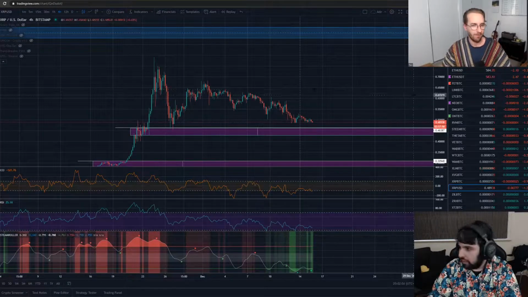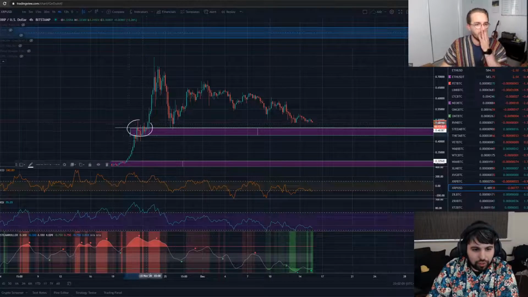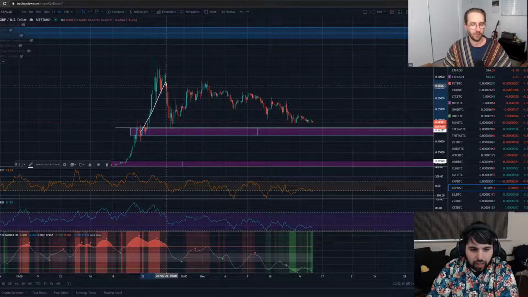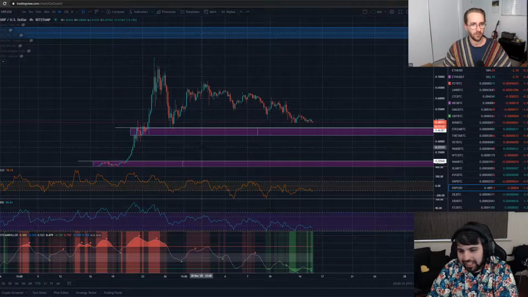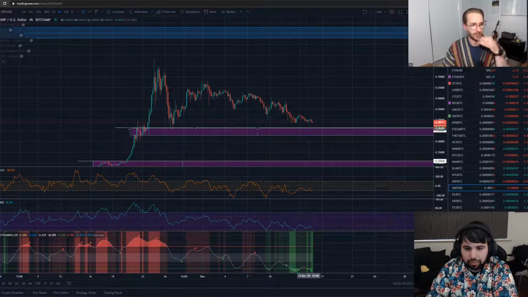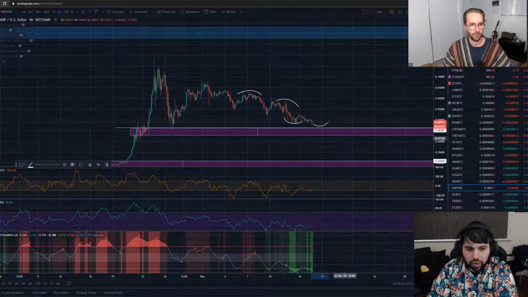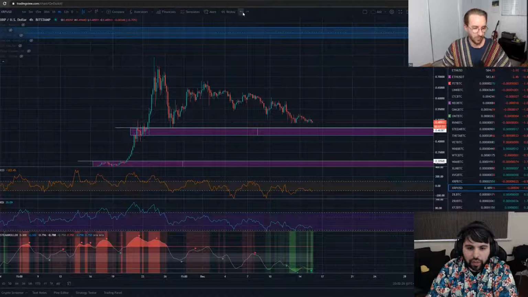Looking at this level of demand here, we've got the retest to the right-hand side, and another pivot point being made here at this 46 cent mark. I think we'll end up there again as we continue this lower high, lower low trend, and I think we'll make that decision at 46 cents, to be honest, in the way of XRP.